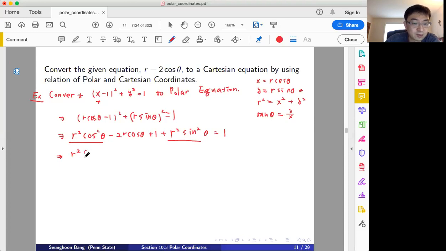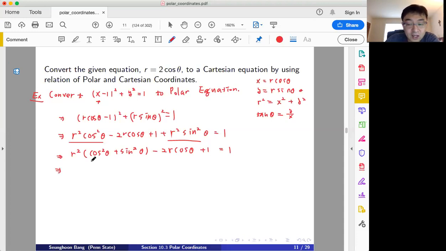R square cosine square theta plus sine square theta minus 2R cosine theta plus 1 equals 1, right?